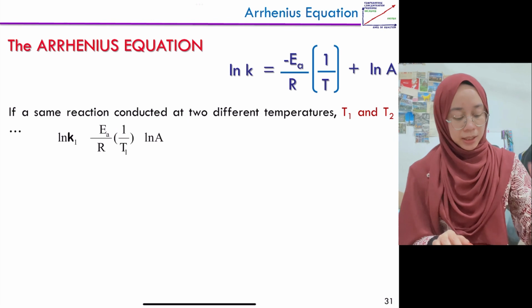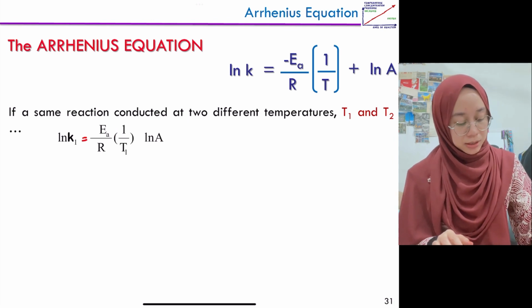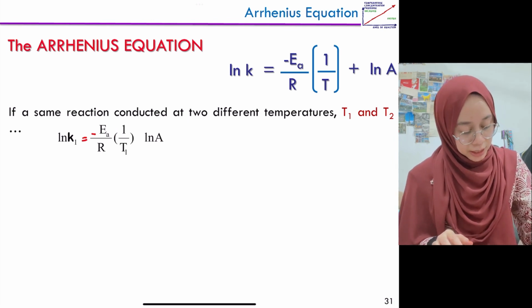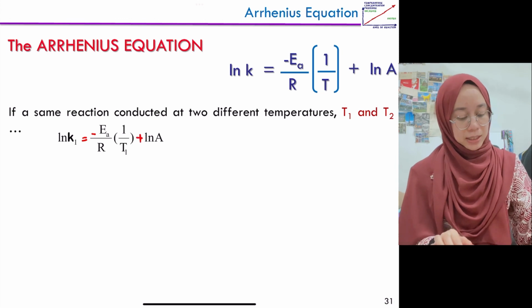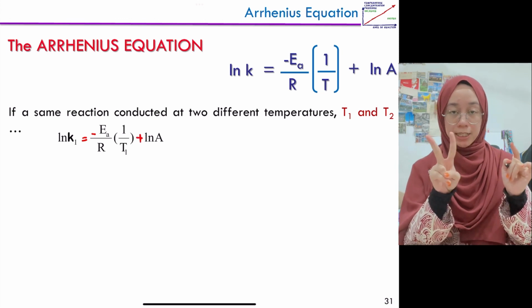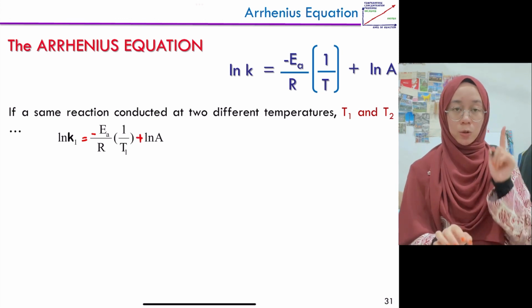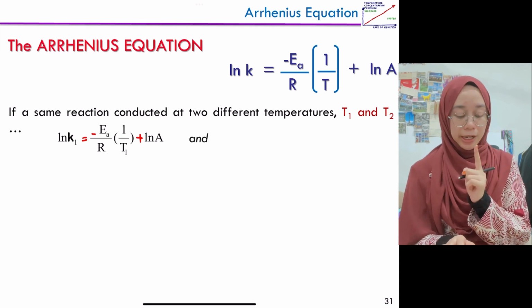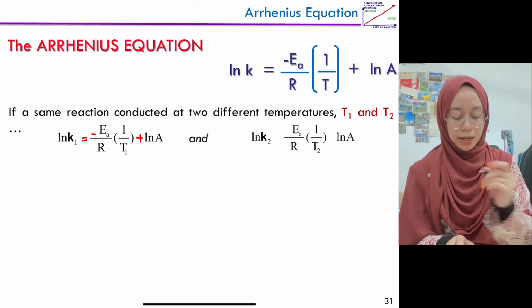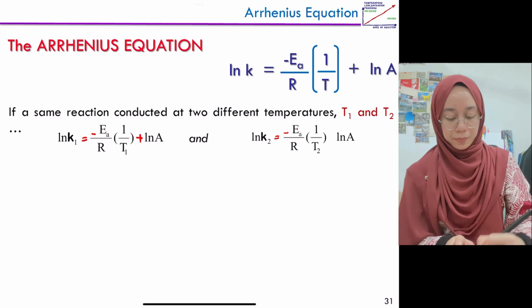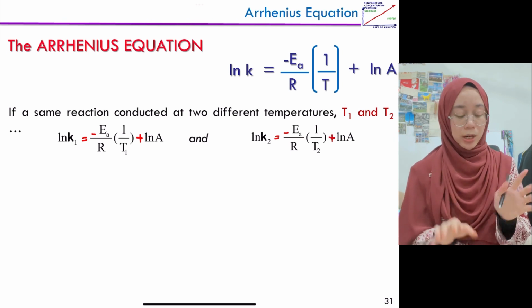So ln K, banyak betul hilang the sign. Okay, so ln K tambah kat sini. So kita ada dua condition kat sini. Okay, so ini adalah untuk condition 1. Okay, temperature 1. So satu lagi adalah untuk temperature 2. Okay, so kita ada dua kat sini.